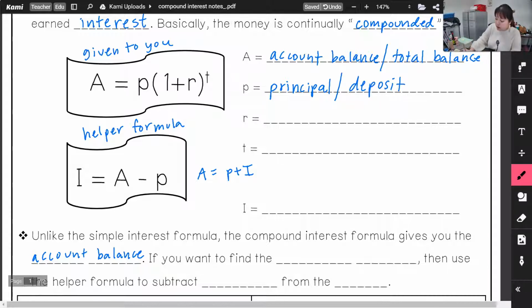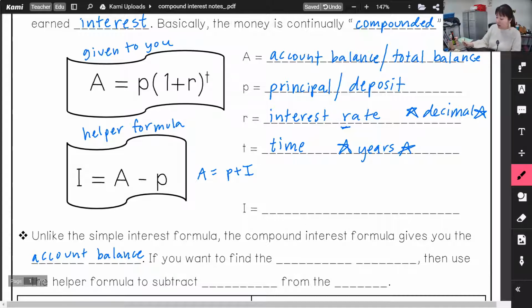R is the rate. Specifically, it is the interest rate. That's what the R comes for, is for rate. This is always going to be a decimal, same as with simple, okay? So whenever you get your percentage, you need to convert it to a decimal. Time for T. Time always has to be in years.